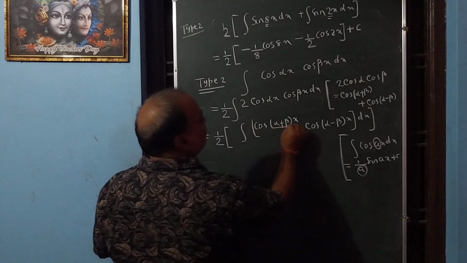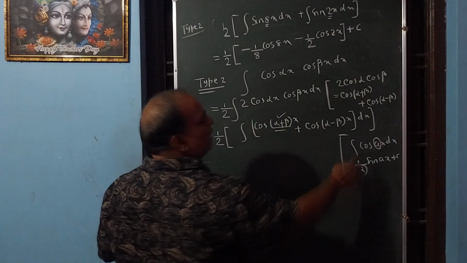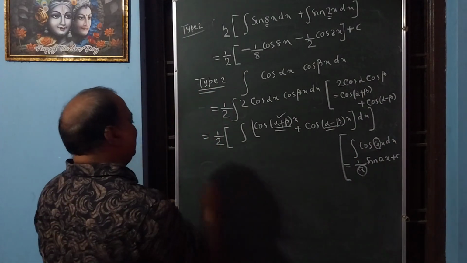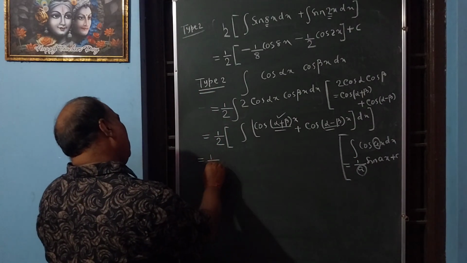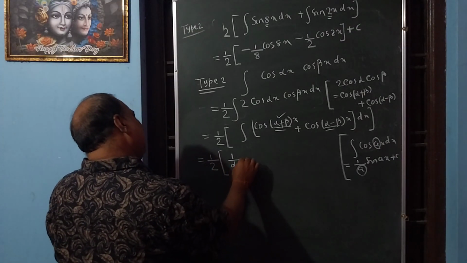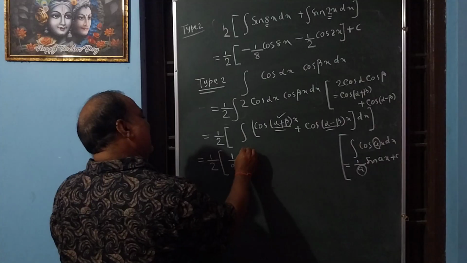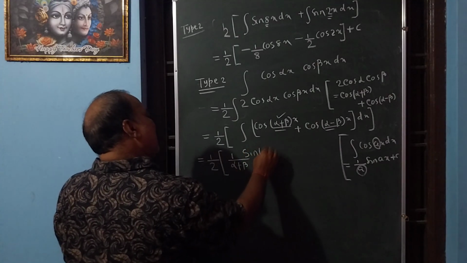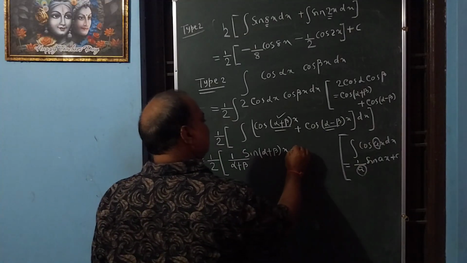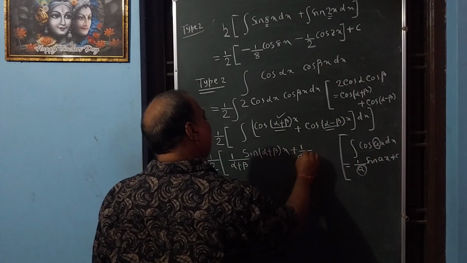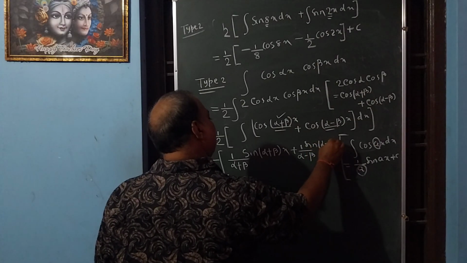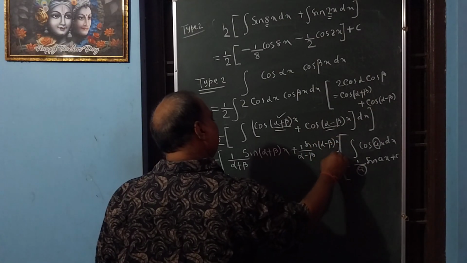Here the coefficient of x is alpha plus beta. Here the coefficient of x is alpha minus beta. So that will be divided. So we get 1 by 2 integration of 1 by (alpha plus beta) sin (alpha plus beta) of x plus 1 by (alpha minus beta) sin (alpha minus beta) into x plus c.